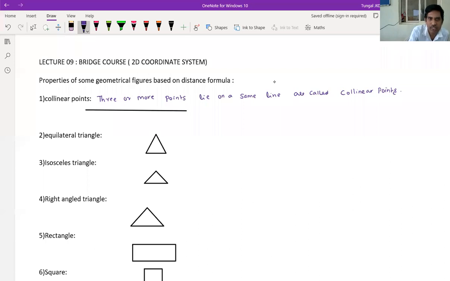Suppose if I consider here, observe, this is the point I took as A, this is the point taken as B, this is the point taken as C, this is the point taken as D, this is the point taken as E. Like that, if 3 or more points lie on a same line, then those points are called collinear points. Understood? Wait for 1 minute.